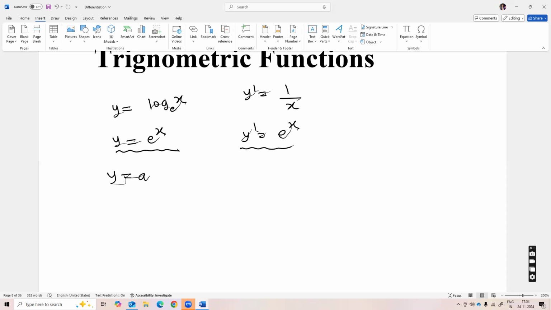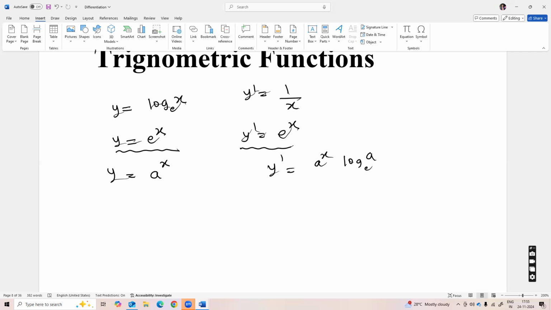The next thing is y is equal to a to the power x. So if you have some constant a, and you have to find the derivative of y equal to a to the power x, then it is given as y dash is equal to a to the power x log a.